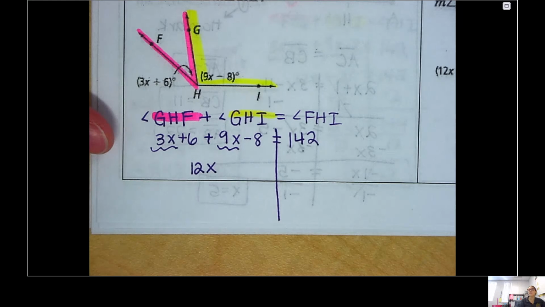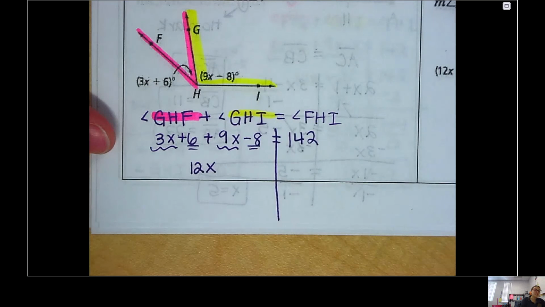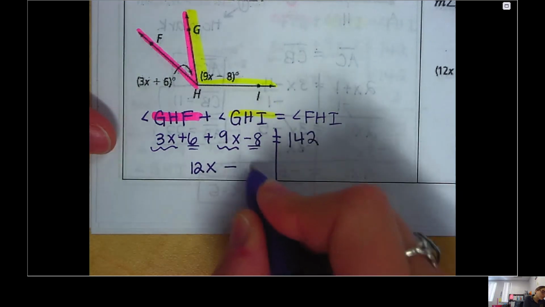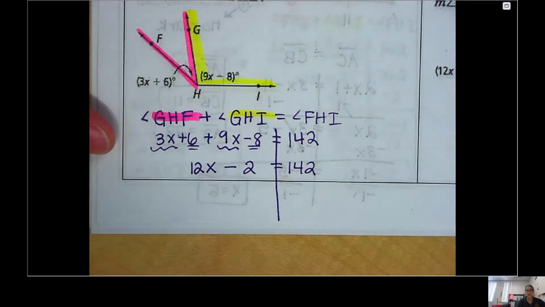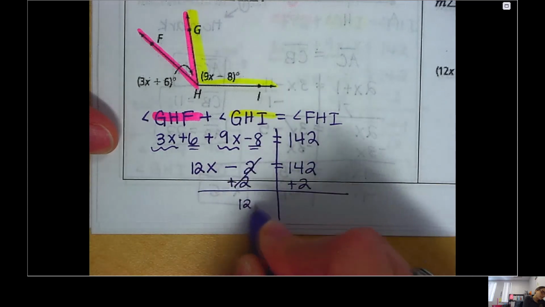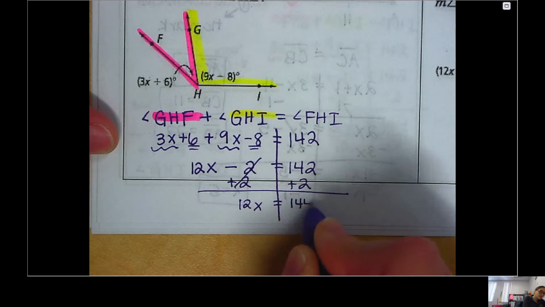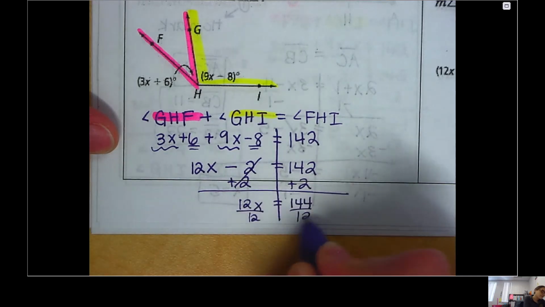What else can I put together on the left? 6 and a negative 8, which is negative 2. Okay. Add 2. I'm trying to go quickly. 12x equals 144. And then divide by 12. x equals 12.